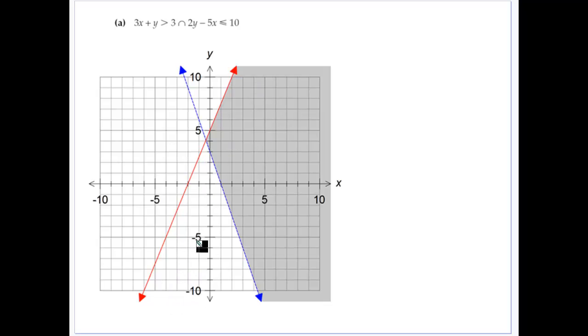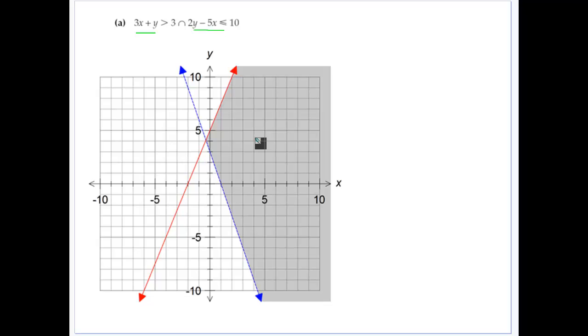Everything down here is still part of the second region, and everything up here is still part of the first region. But when we look at where they overlap, it's this shaded part here. Everything on the side of the line there, everything on the side of the line there overlaps. So that's why that part only remains to be shaded.